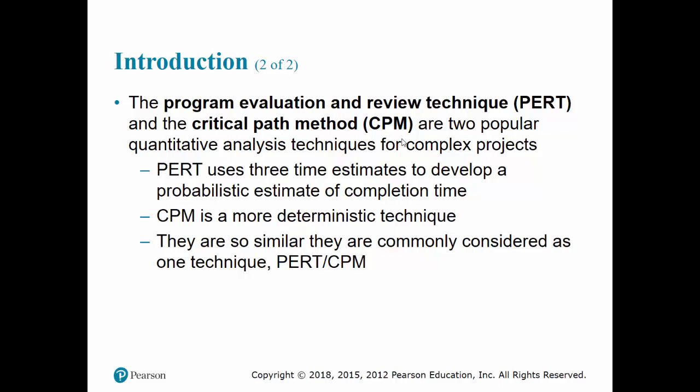Whereas CPM was developed by, I think it was DuPont. I'm not absolutely sure, but it was by industry, and they were looking at activity times that were deterministic. So for example, building a house: these activities are very well known and have been repeated many times, so we can very precisely estimate how long each of those activities will take.